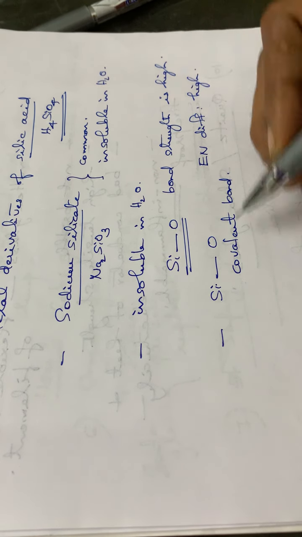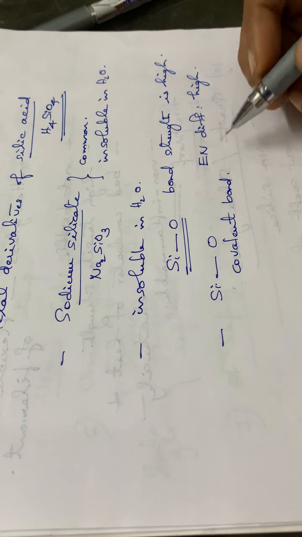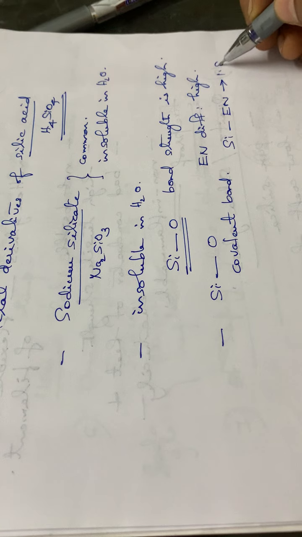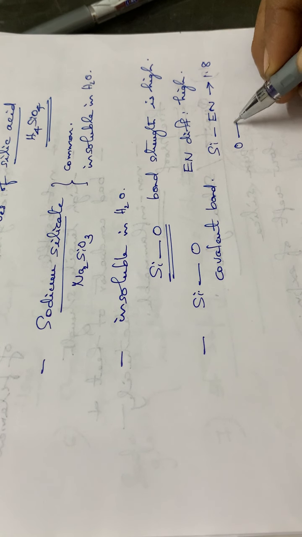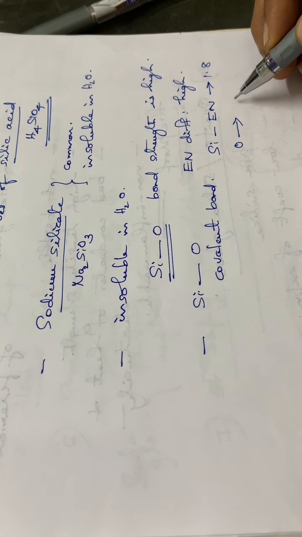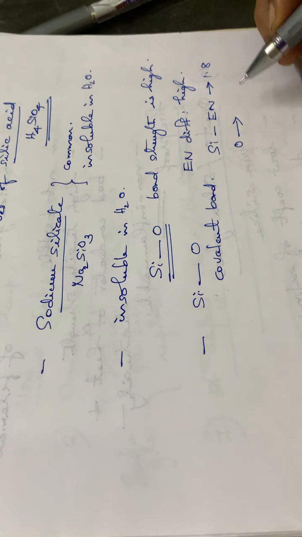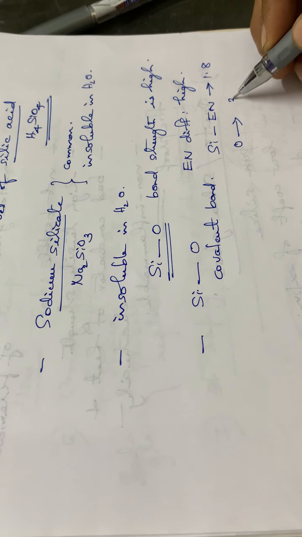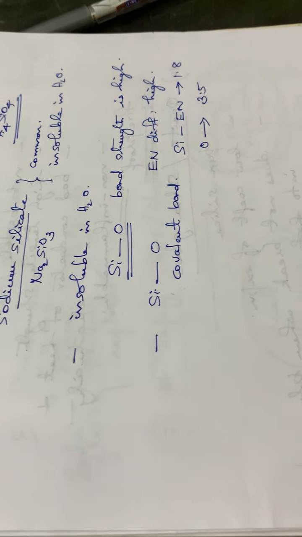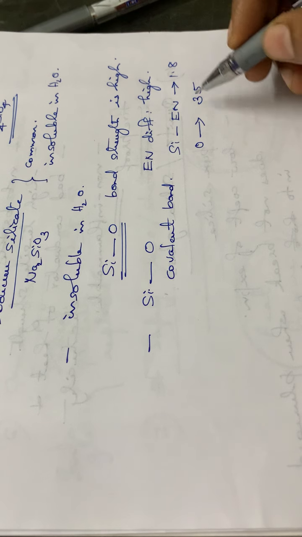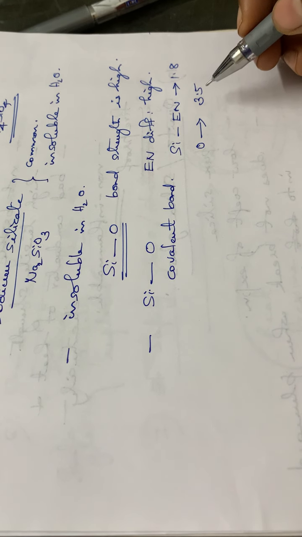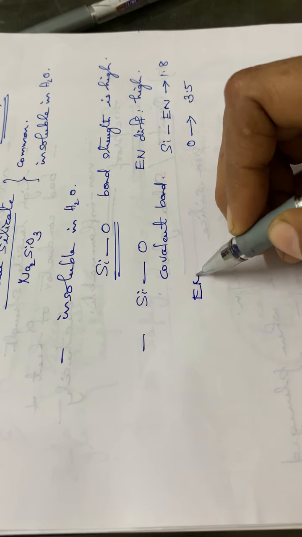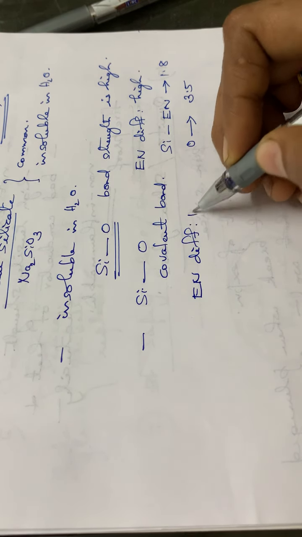For silicon the electronegativity is about 1.8, and for oxygen it is 3.5. So the electronegativity difference between these two is about 1.7.